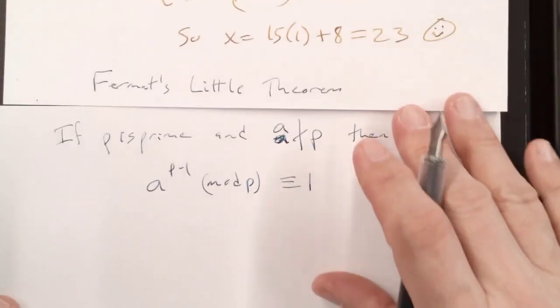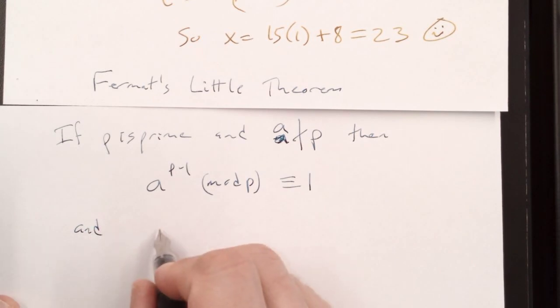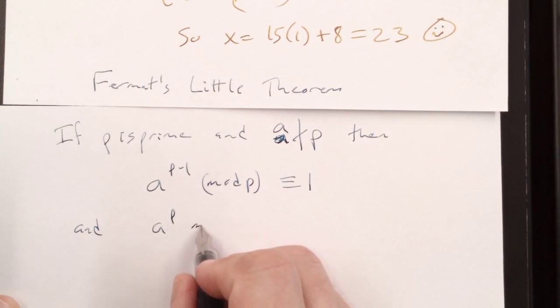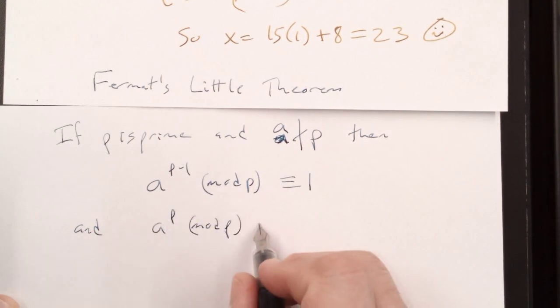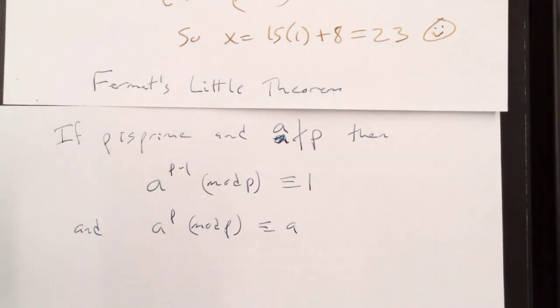And A to the P is A, for every possible value A that doesn't divide the prime.